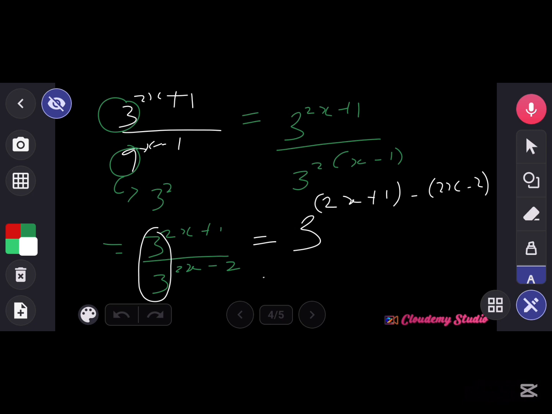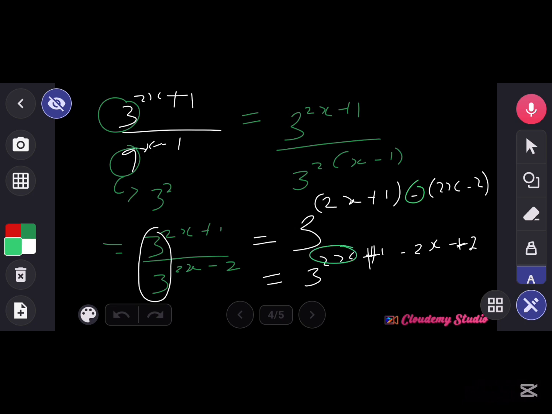Now open your bracket with the subtraction sign. If we open our bracket, we'll be having 3 raised power 2x plus 1 minus 2x plus 2, right? Plus 2.